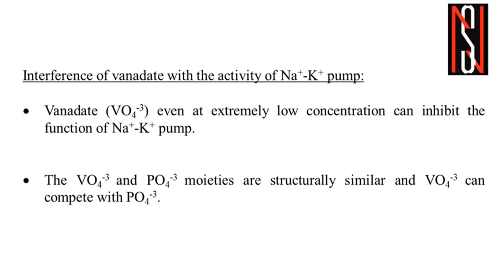So the functioning of the sodium potassium pump can be disrupted by the presence of even a very low concentration of vanadate. Why? Because VO4 3 minus, that is vanadate, and PO4 3 minus, that is phosphate, are structurally similar, and vanadate can compete with PO4 3 minus.